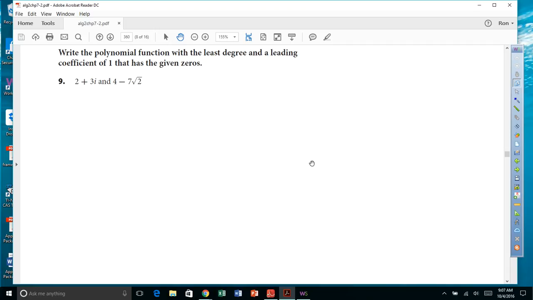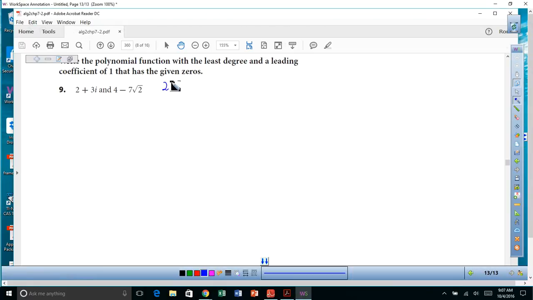Oh, it's about to get fun now. Write the polynomial function with the least degree and a leading coefficient of 1 that has the given zeros. So you have 2 plus 3i and 4 minus 7 times the square root of 2. So what does that mean? Well, if you have 2 plus 3i, you're also going to have 2 minus 3i.